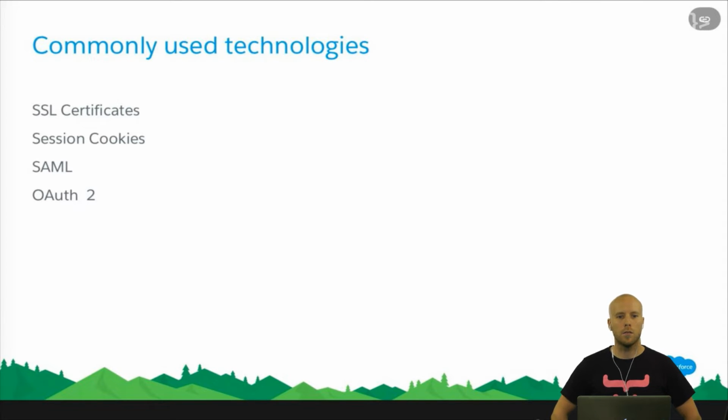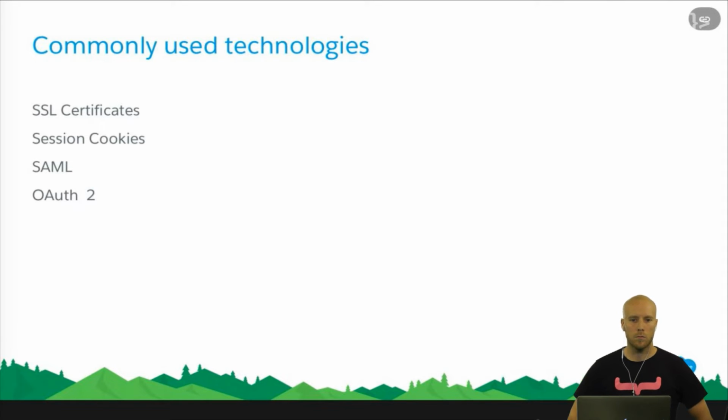You can do session cookies, and what really often is used is SAML, especially in enterprise scenarios, to allow single sign-on across different web-based applications using a single identity provider, so an IDP, which can be an Active Directory, or could also be Salesforce itself, as we can act as an IDP. But in this session, for the sake of simplicity, we are focusing on the web standard OAuth in version 2.